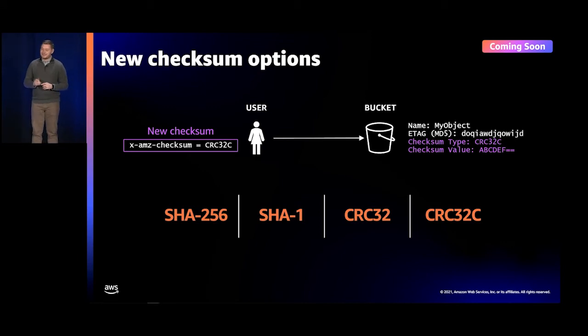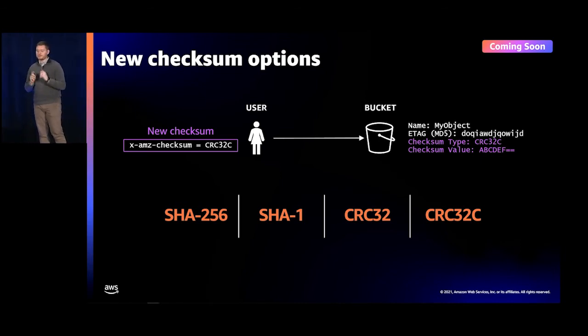In addition, you can select one of the 4 algorithms and provide a pre-calculated checksum value already stored on your system. Amazon S3 will use that checksum value to validate the objects, and it will store that value throughout the lifespan of the object in S3.